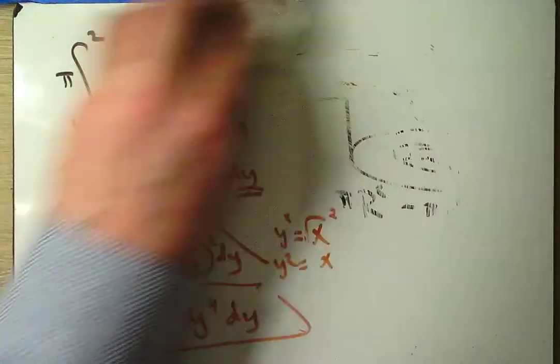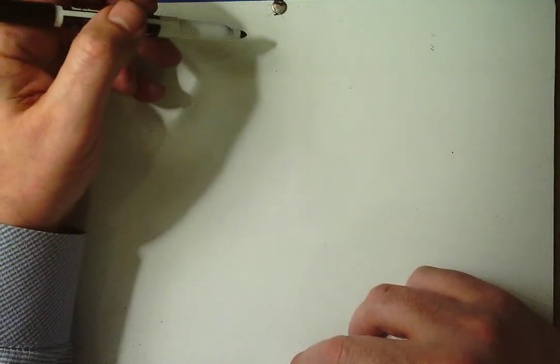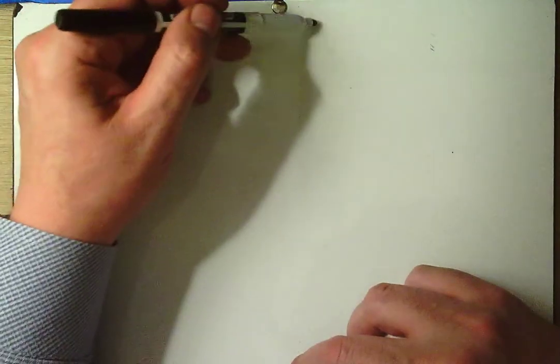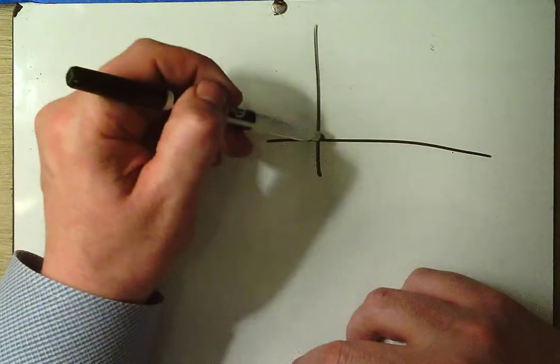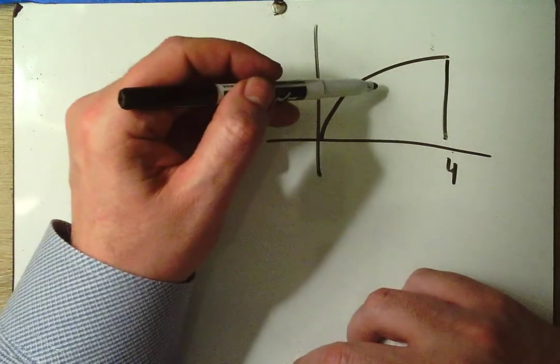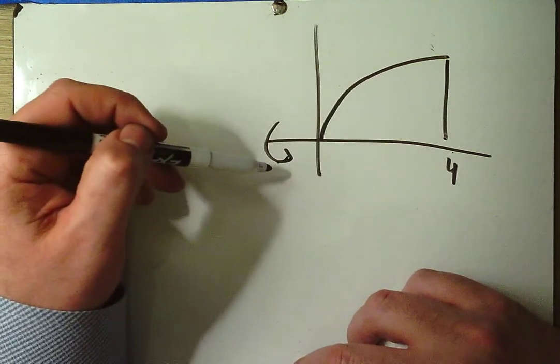And I want to give you some tips on drawing these that will help you, because if you can draw them successfully, then you can better identify radius, little radius or big radius, or just the radius of the circular disc. Let's go back to that first problem we did. Square root of x from 0 to 4, and I wanted to rotate around the x-axis.